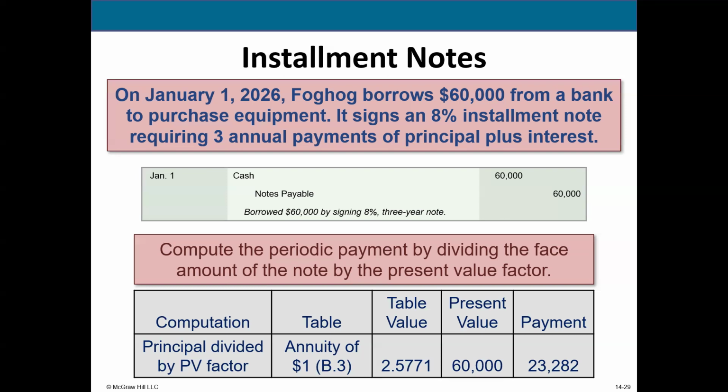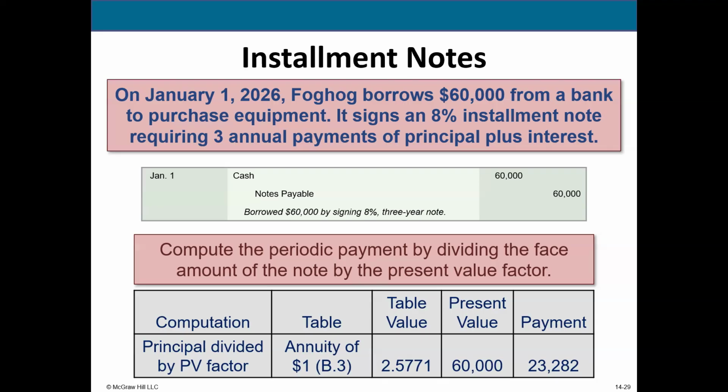We take that 2.5771 as our present value factor, and we divide the loan amount by it to find the payment for the present value of 60,000.